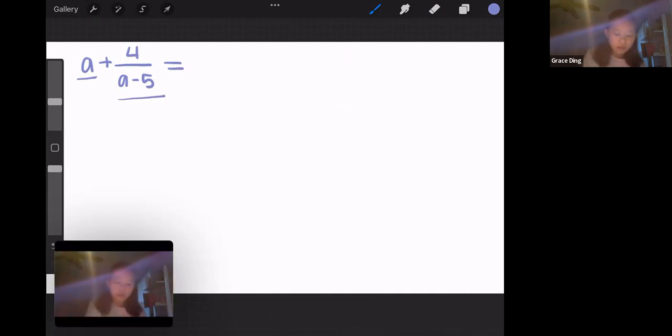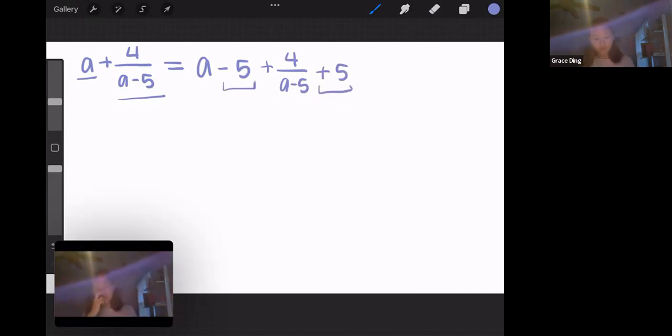So we'll manipulate it and get it to where we have this. And then we'll add back the 5. So this won't change the equation eventually. So now we can treat this as one term and treat this as another term. And we'll be able to find the answer.